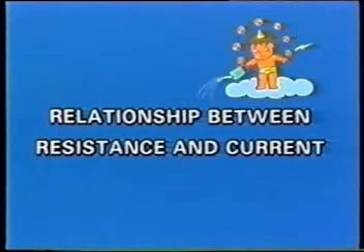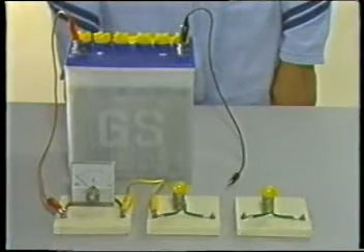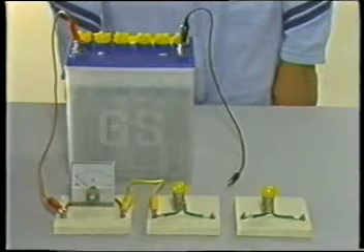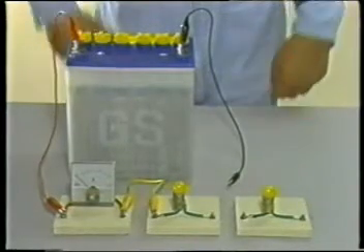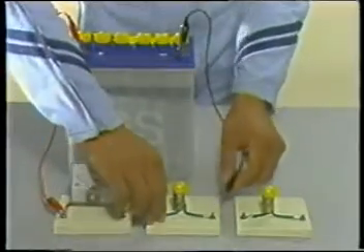Now we will study how resistance affects current. We take electricity from a 1.3-volt battery, we connect a bulb and check the amount of current.